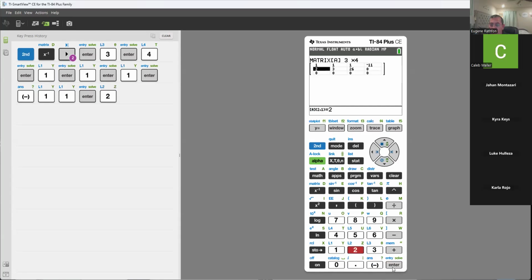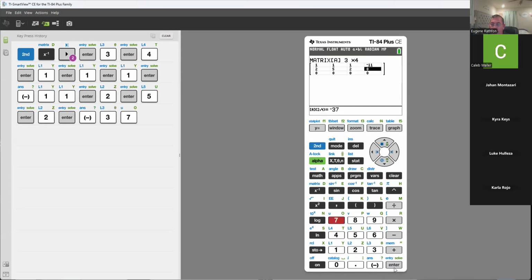Second row, I had 2 x's, so 2 enter, 5y would be 5 enter, 2z would be 2 enter, and then -37 for that answer, enter. All right, y'all, we're on the third row. We had a -x, so that'll be -1. Now make sure you use the negative down here in the parentheses and enter.